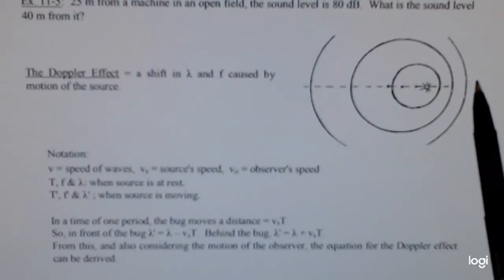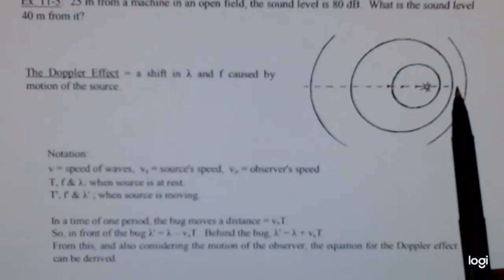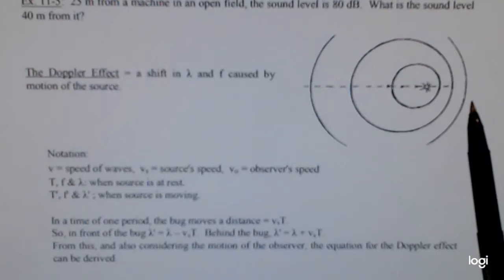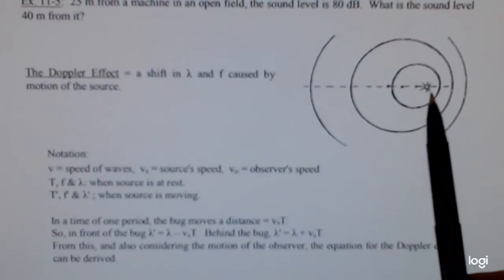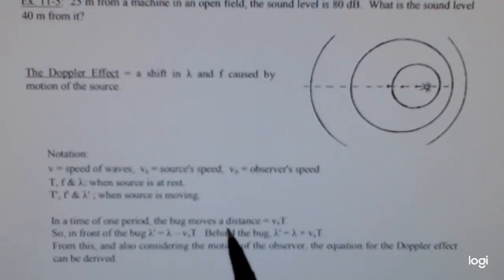How much is it lengthened or shortened? Say you're in front here, for example. The wavelength gets shortened by the amount that the insect moved between getting off one wave and the next. How far the insect moves during the time of one period would be its speed times that much time. Distance equals speed times time.